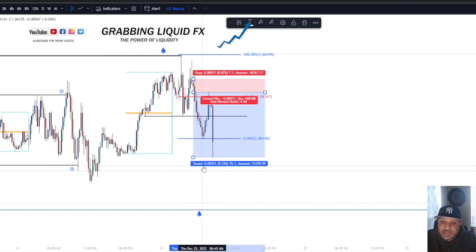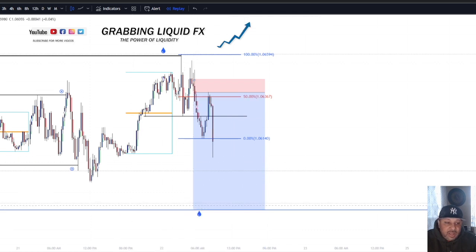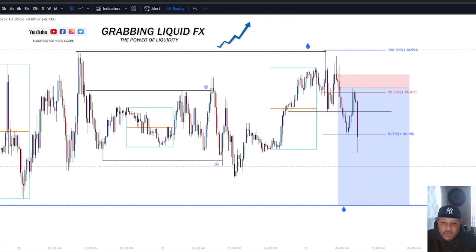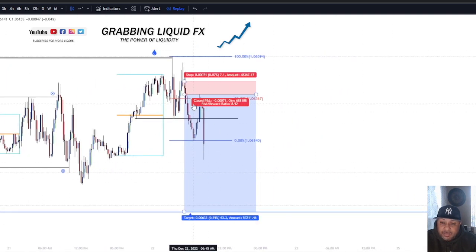But my target is not this liquidity, Asian liquidity. My target is not yesterday's liquidity. My target is Monday's liquidity. And because my target is still Monday's liquidity here, I have to make sure that I'm patient in this situation.